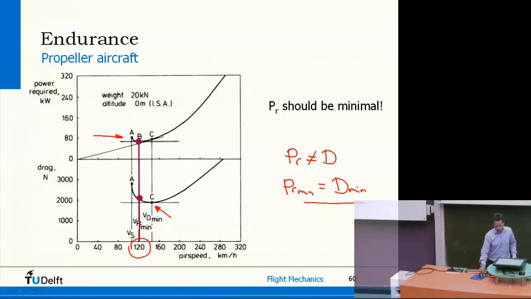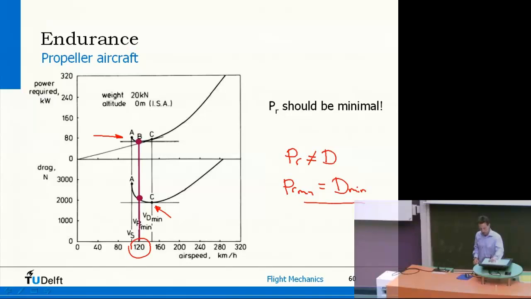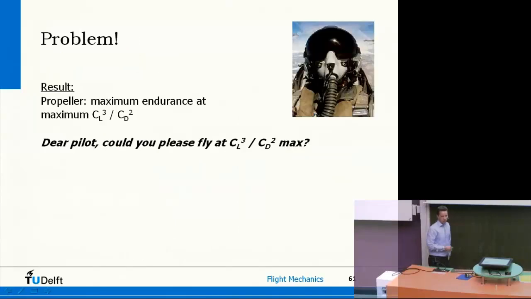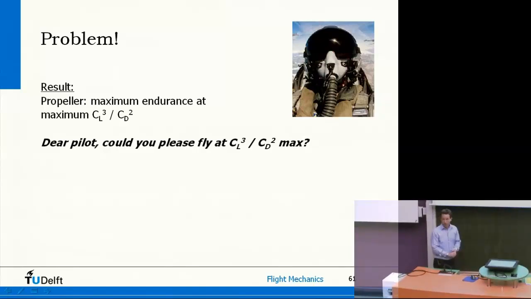So what we concluded is that CL to the power 3 over CD squared should be maximum. Now, again, we have the same problem. We have some kind of a ratio in terms of aerodynamics, and we need to calculate what is the corresponding airspeed now.